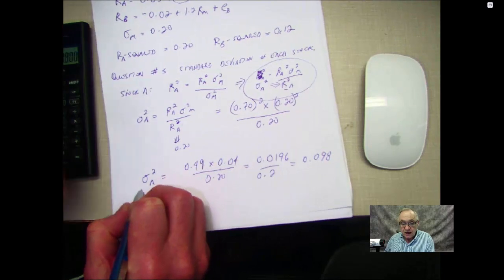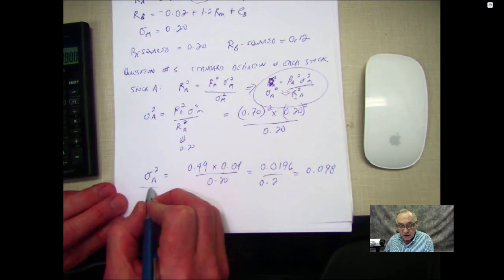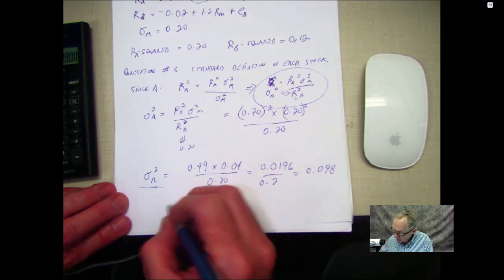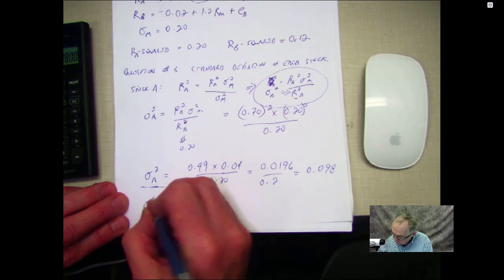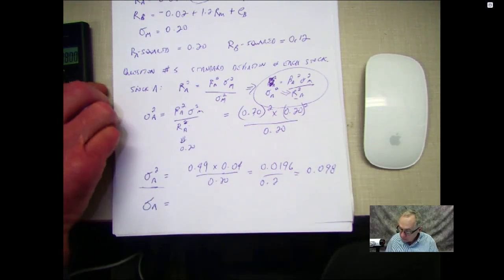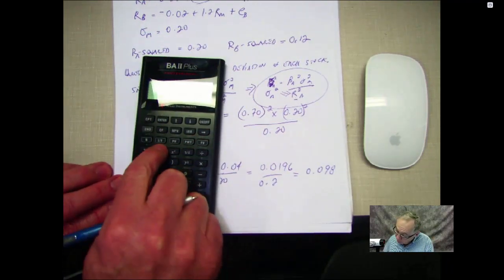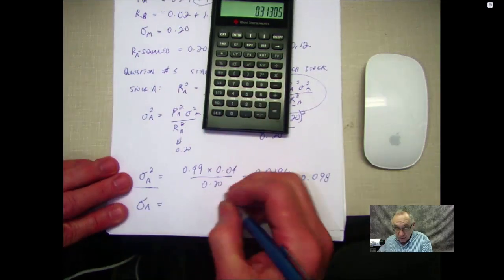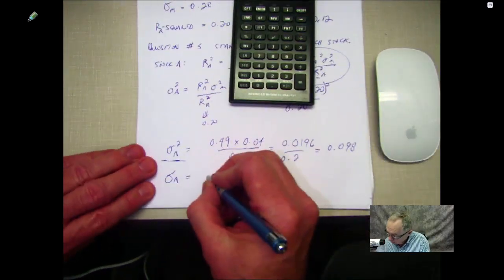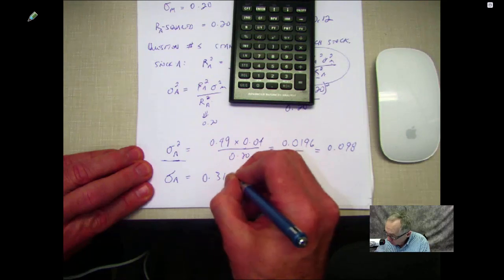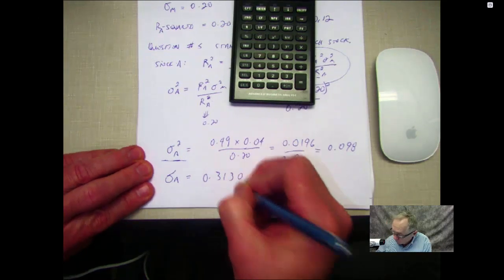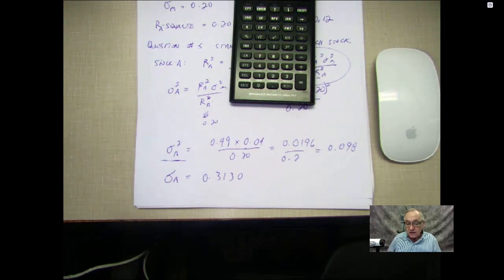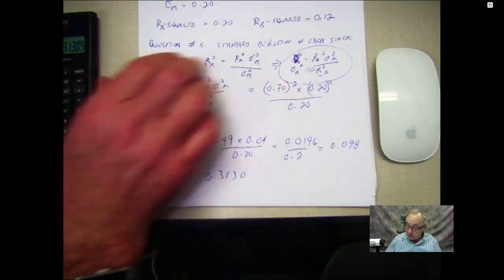Remembering, of course, that's the variance, so we need the standard deviation. And square root of 0.098 is 0.3130 or 0.3131. Okay, so that's the methodology to find the standard deviation for A.